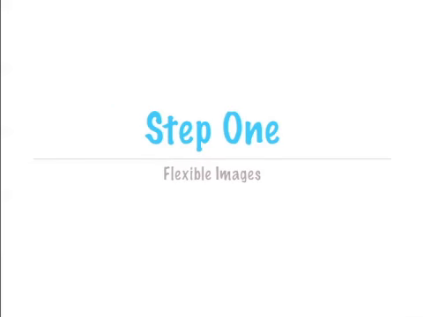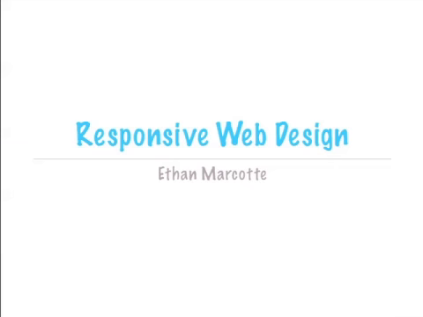So the first step to making things better is getting our images to work well on every sort of screen imaginable. And we want to get them to appear the correct size, no matter what device they appear on. And for that, we'll turn to responsive web design. I remember reading Ethan Marcotte's first article on responsive web design in A List Apart a few years ago, thinking this is going to change everything. And it really has.